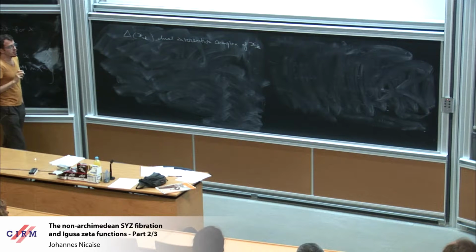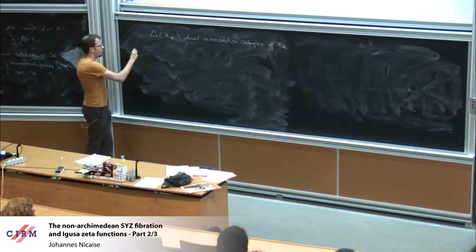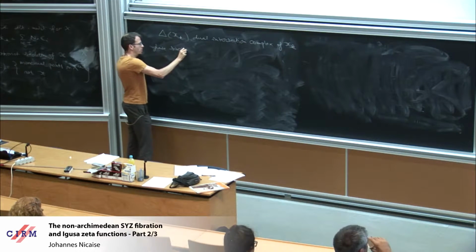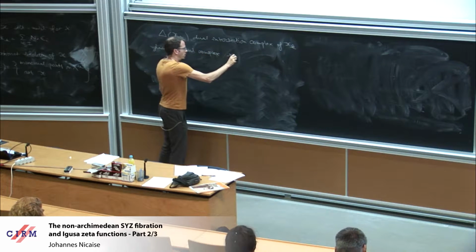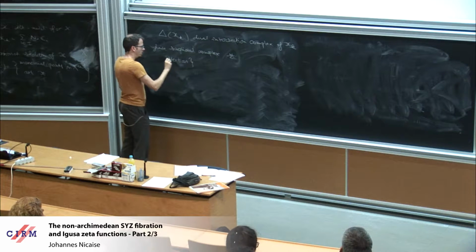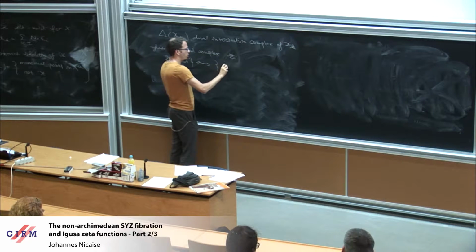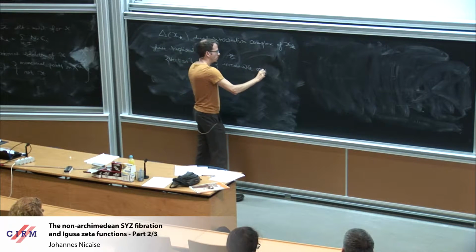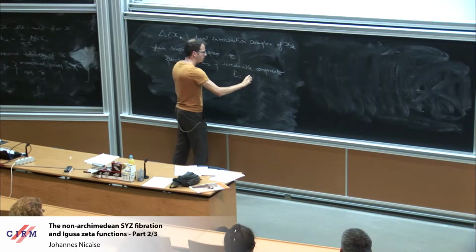But the definition extends immediately to the DLT case. So this is a finite simplicial complex such that the vertices correspond canonically to the irreducible components of the special fiber. So these are the E_i's in our notation.